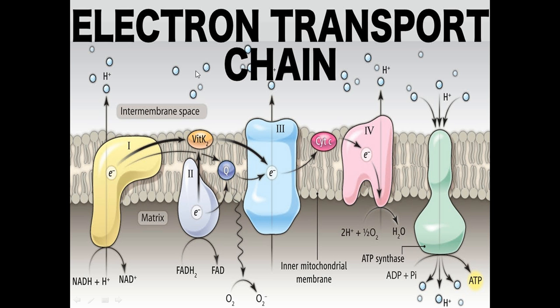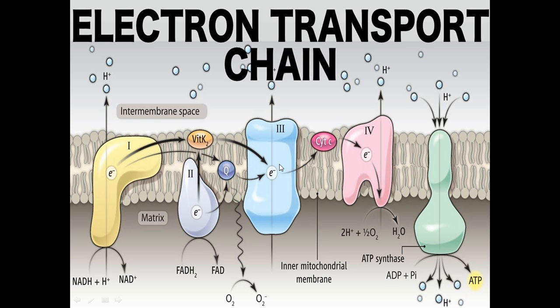So the FADH2 gives the electron to complex 2, but it can't pump protons out of the matrix because it has less energy, but gives the electron to coenzyme Q or ubiquinone. Then the ubiquinone, which gets reduced to ubiquinol, gives the carried electron to complex 3, and complex 3 becomes energized and pumps protons out of the matrix to the intermembrane space.